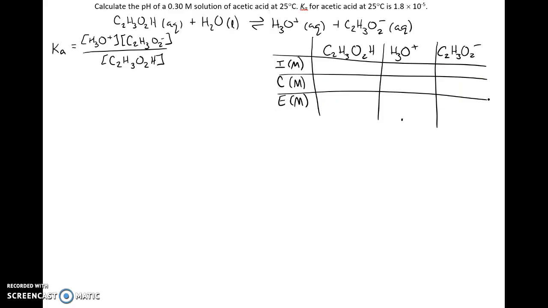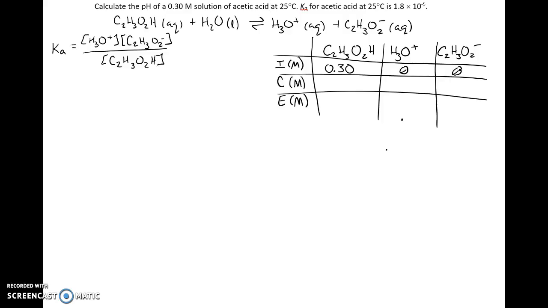So we are given the starting concentration of acetic acid, which is 0.30 molar. We have no hydronium ions and no acetate ions initially. So we are not given much more information.